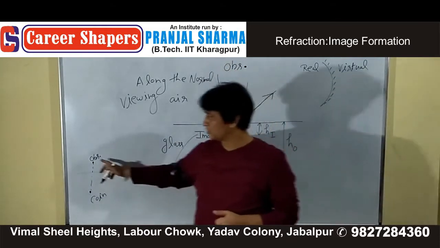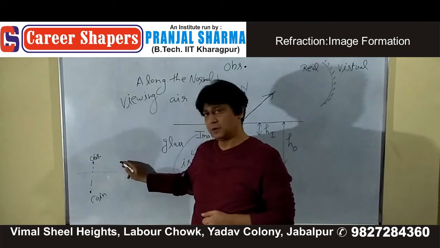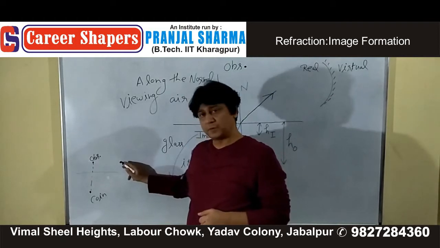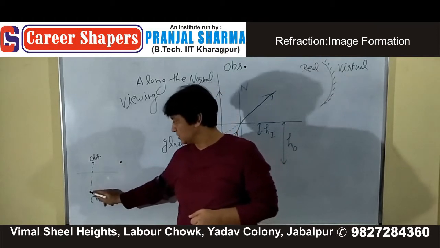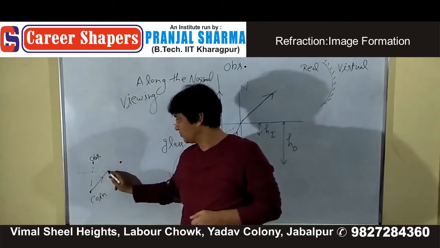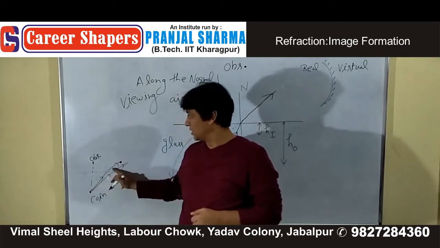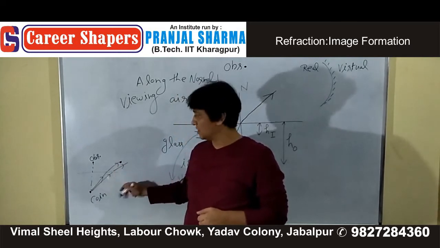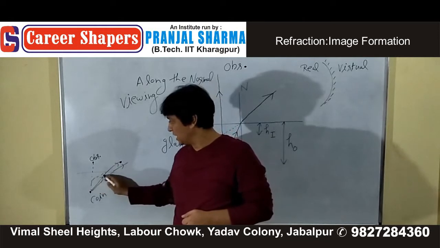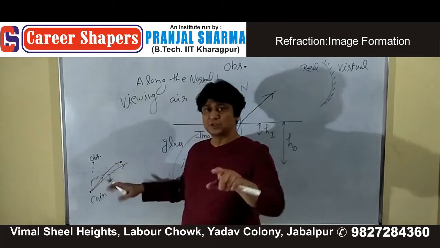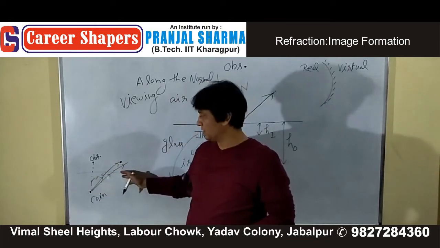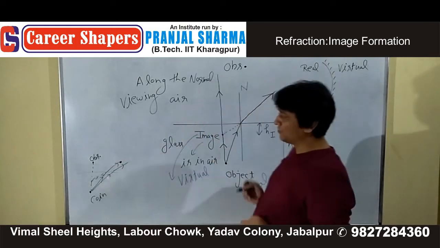If you ask this observer to move somewhere here, then for this observer, the rays coming from this coin are the refracted rays. You will go for the intersection of these two. We'll see this type of thing later. This is basically for IIT Advanced type of thing.